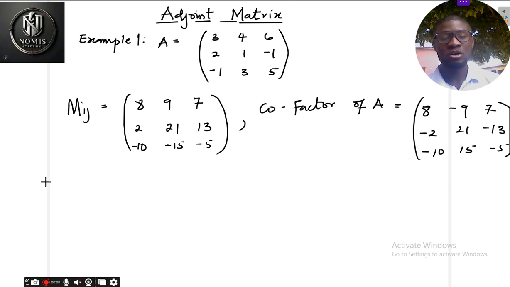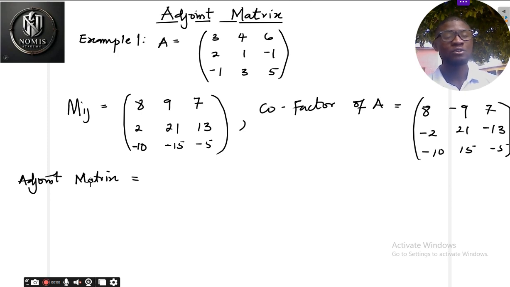Now the major subject matter in this video is to get to the adjoint matrix. We have said that the adjoint matrix is the transpose of this cofactor of matrix A. Now what do we mean by transpose? Transpose is the conversion of the row to the column and the column to the row.